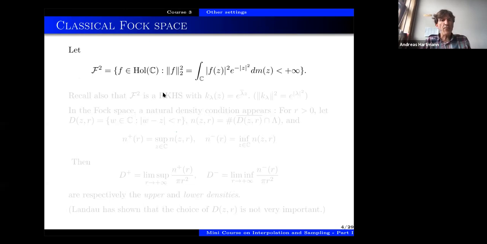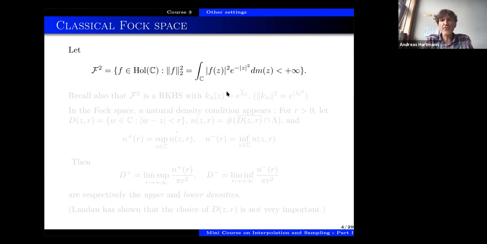As I said, I will consider this problem in the Fock space, and now I take a very specific situation, and I apologize that my normalization is not exactly the one chosen yesterday in Charlie's talk. He put a pi here, but I take 1 here. So this is the Fock space of entire functions.